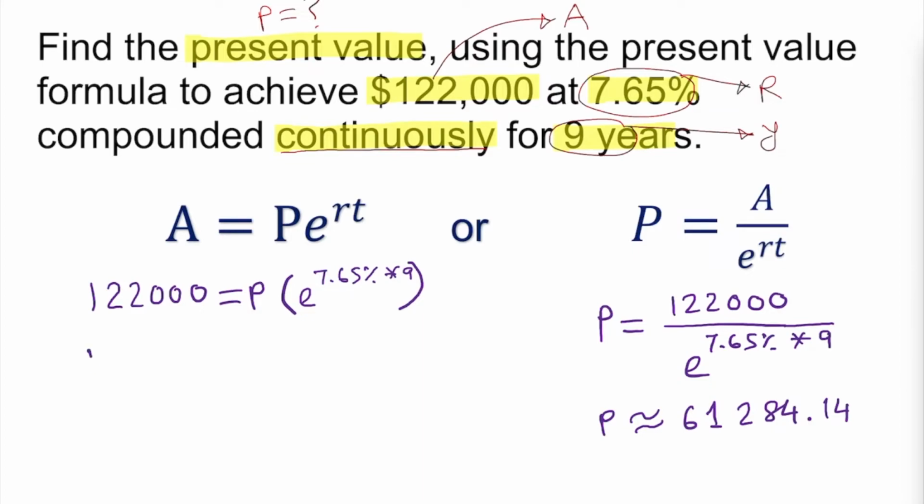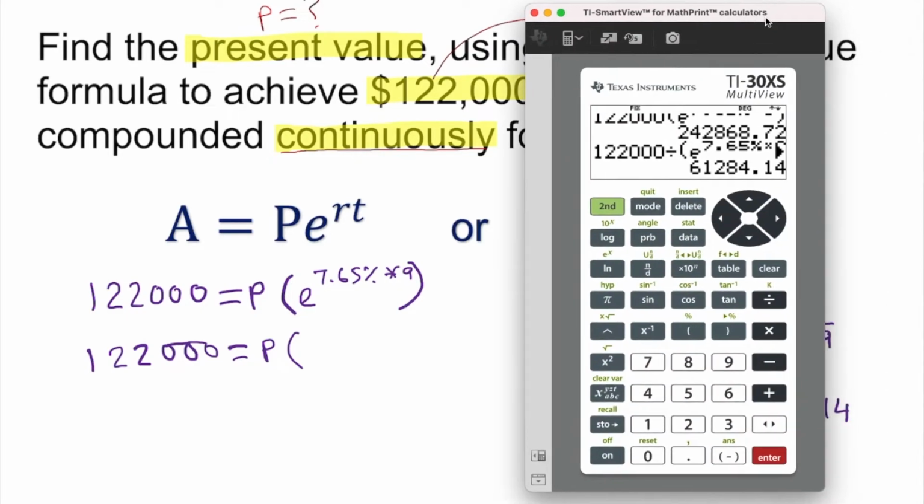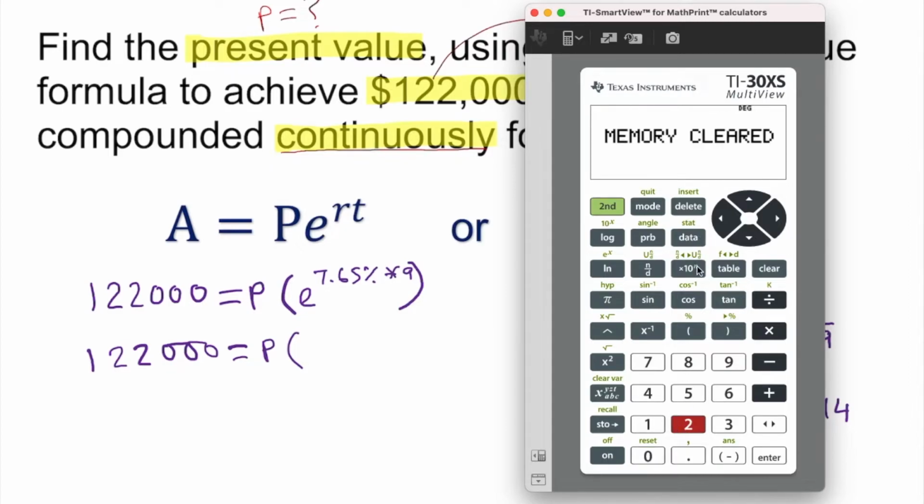So we have 122,000 equals P times what? This time I'm going to use a slightly different way. Again, clear everything in the calculator. I have to do this first here.